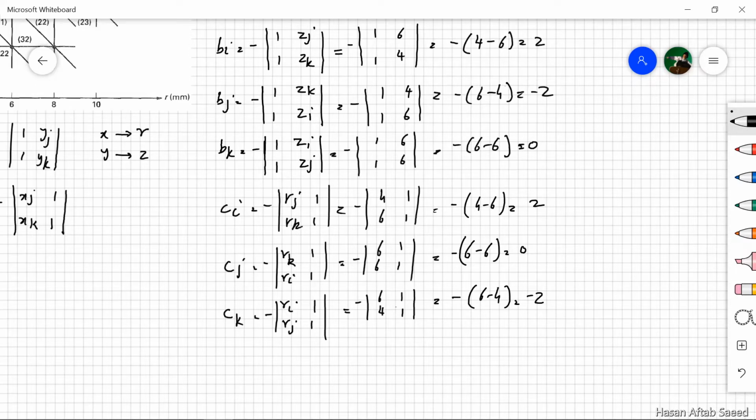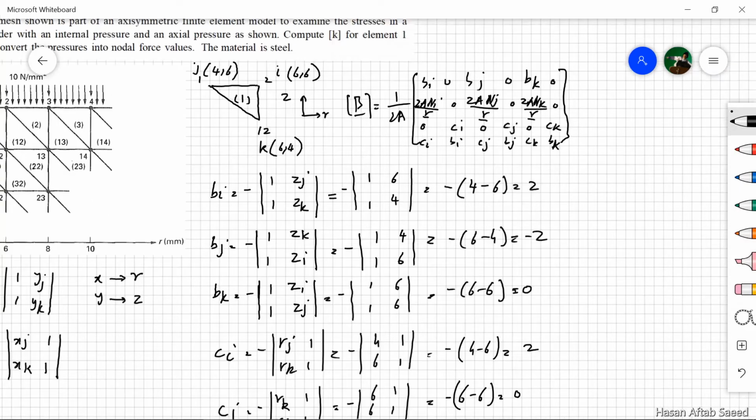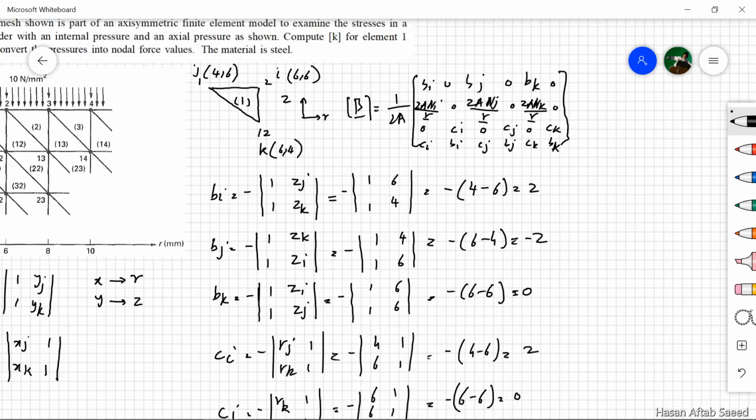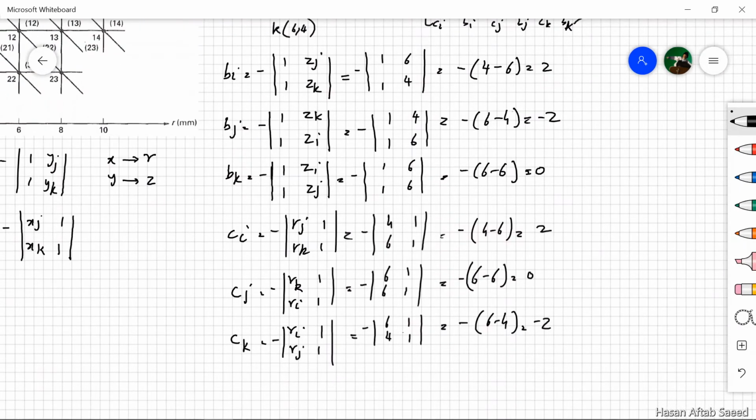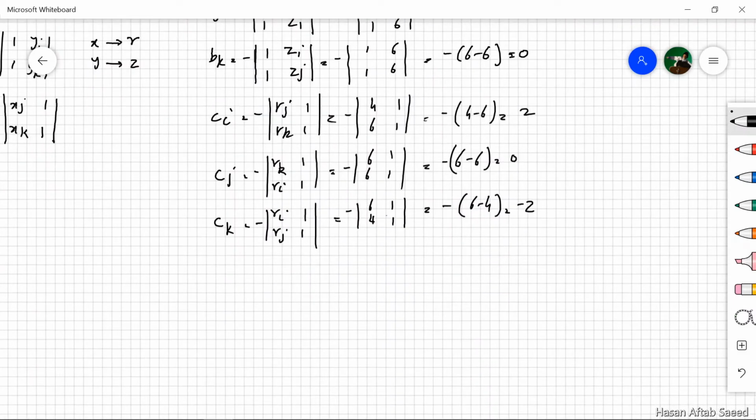Now we move on to the other values that we need. What we need now is 2A, Ni and R. Let's start with 2A. Area of a triangle is equal to half into base into height. For this element we have height and base both equal to 2.